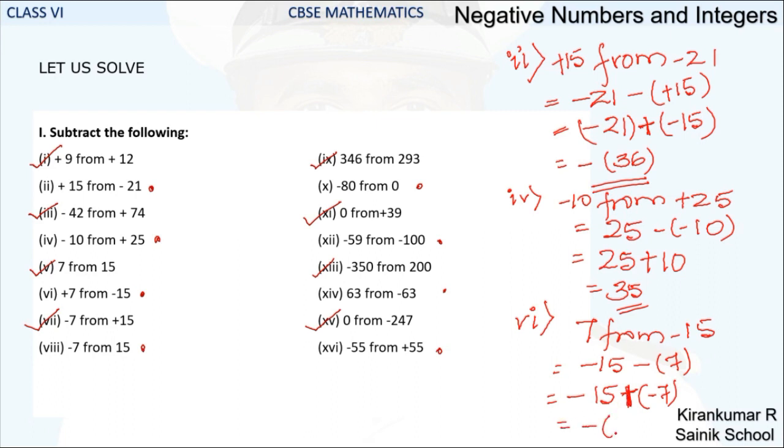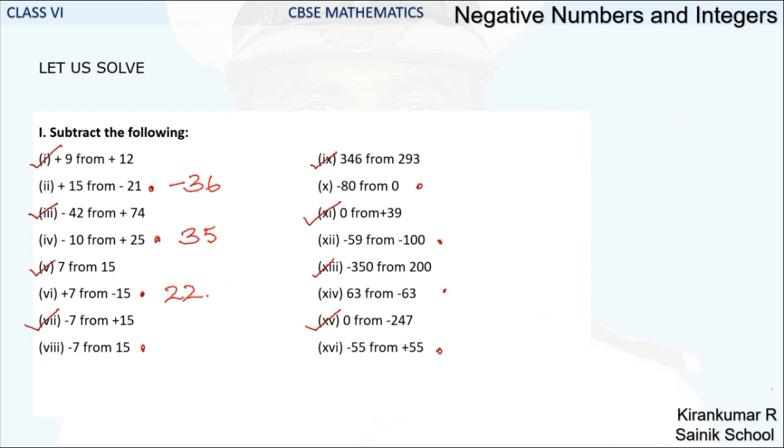So the like terms are added with the absolute values. We get the result as negative 22. So for the second one, the answer is negative 36. For the fourth one, the answer is positive 35. For the sixth one, the answer is positive 22.